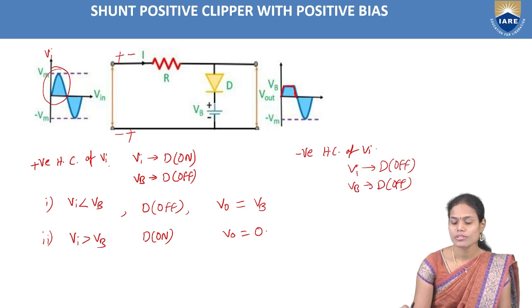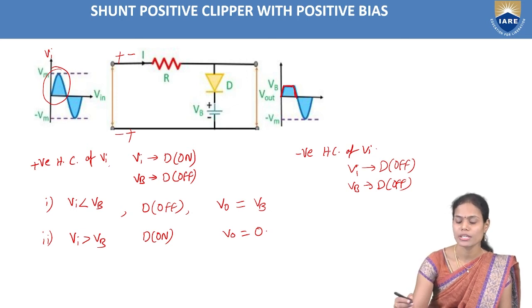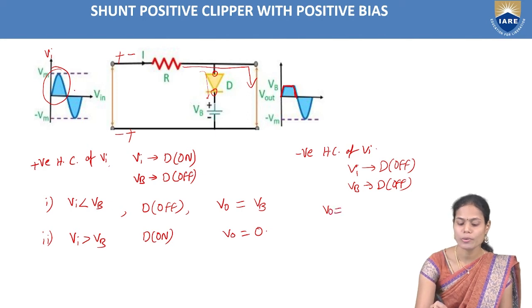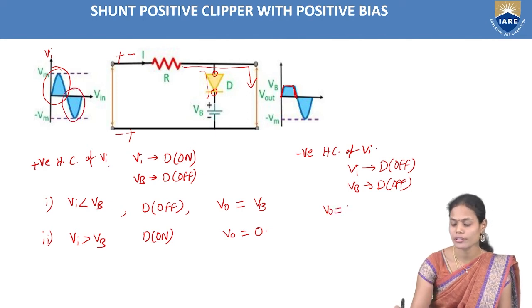Once the diode is in reverse bias condition, it acts like an open circuit. So no signal will flow through it, and the total signal will appear across the output. So Vo is equal to the input voltage you are providing here, that is Vi. In this case, my Vi is minus Vm.